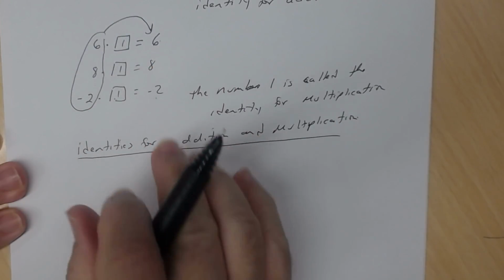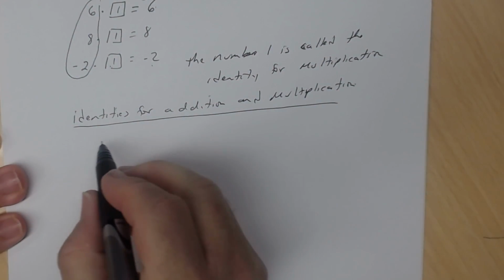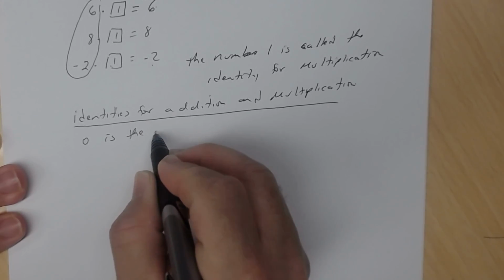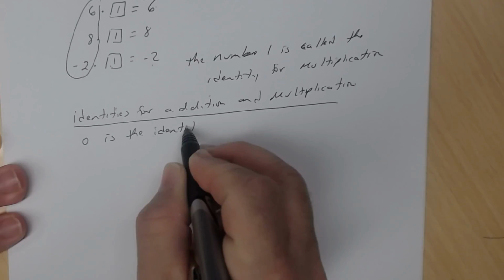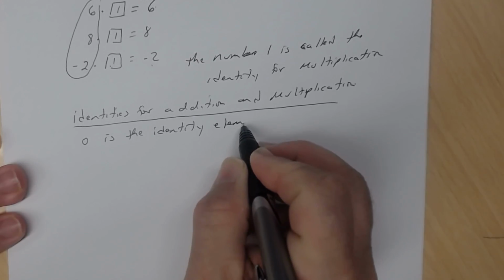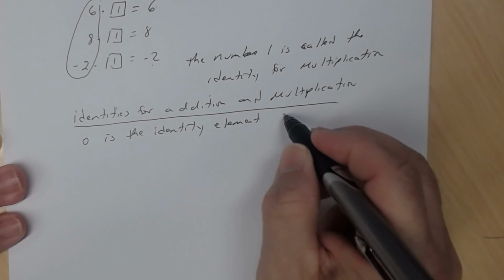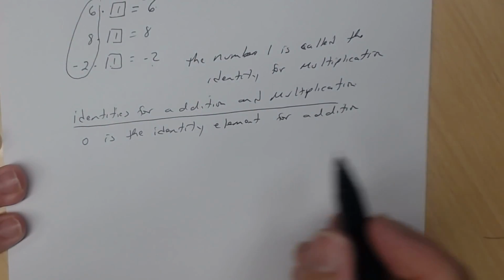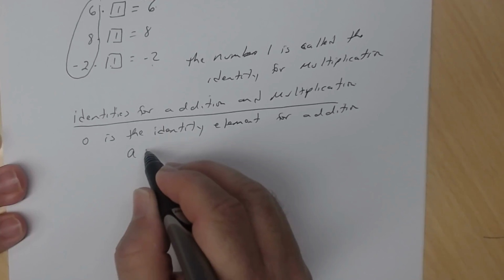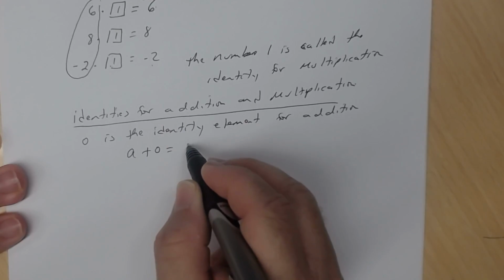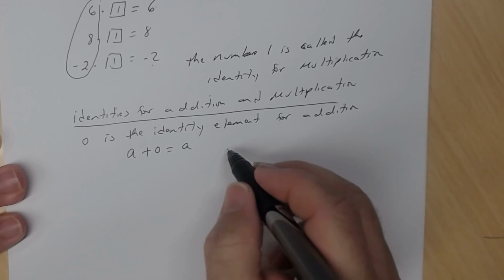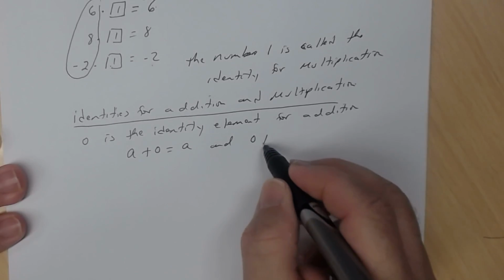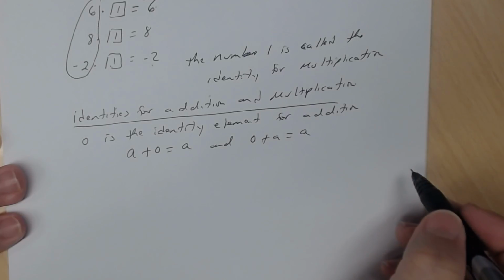So from all this discussion, we know that 0 is the identity element for addition. Right? So basically that means that if I have a real number and I add 0 to it, I get that real number back. And again, instead of saying a plus 0, I could have said 0 plus a. It does not matter.